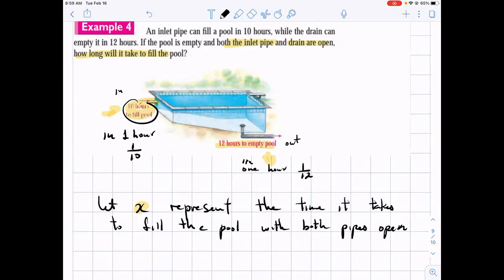So now that we have this, we can actually set up an equation.